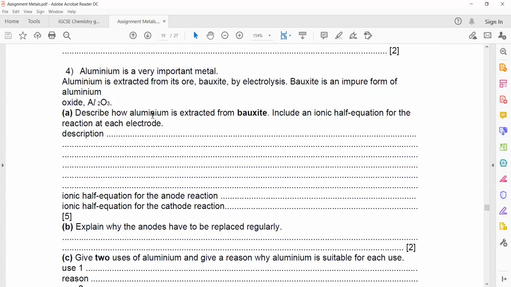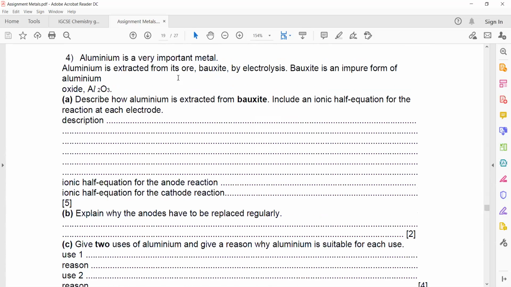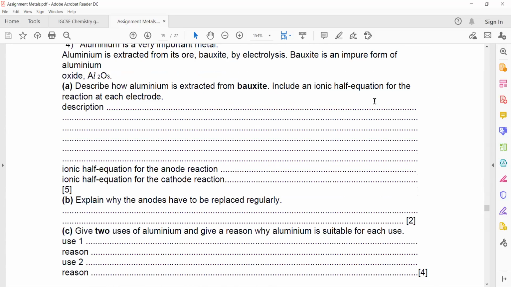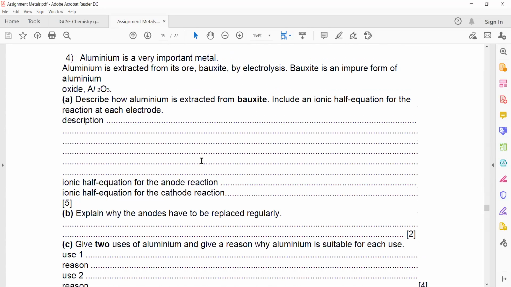In this question, aluminium is a very important metal. Aluminium is extracted from the ore by electrolysis. Bauxite is an impure form of aluminium oxide. Describe how aluminium is extracted from bauxite and include an ionic half equation for the reaction at each electrode. So we have to write equations as well.